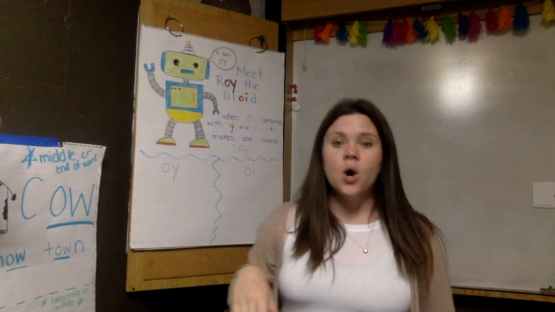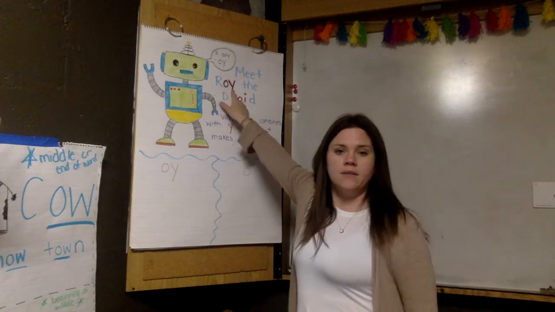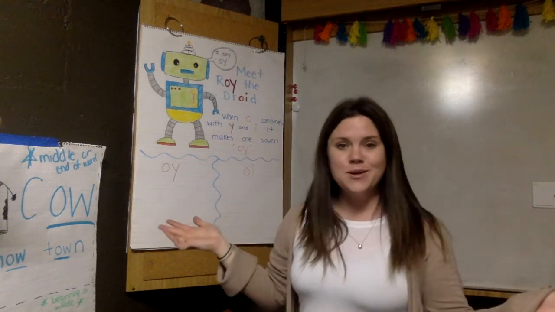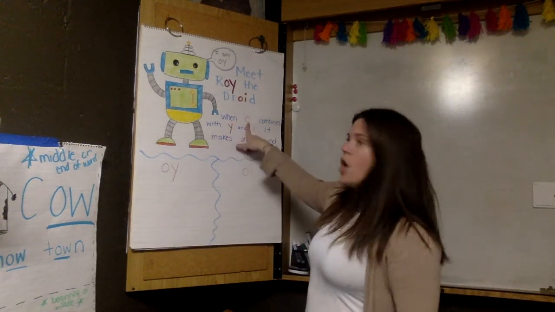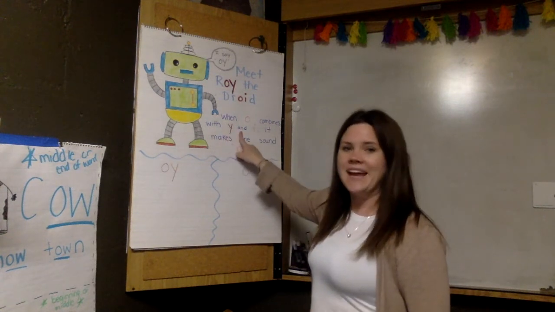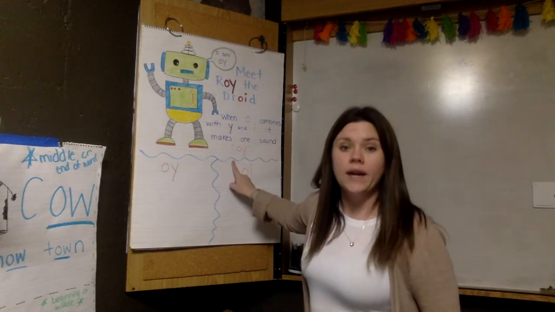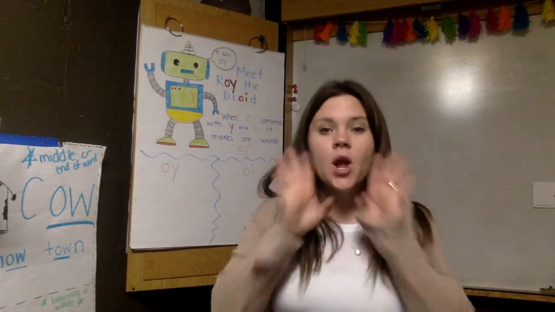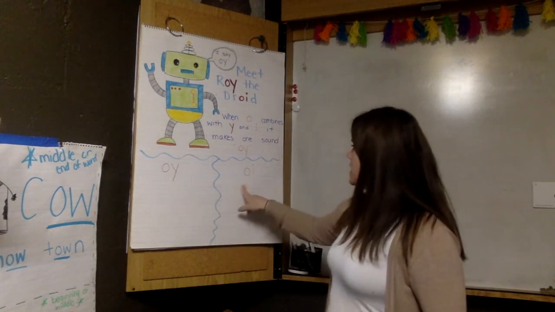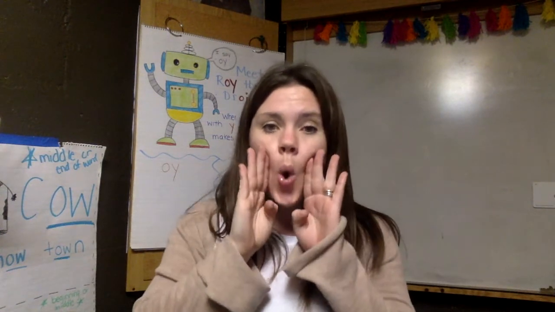They both make that sound, oi. But in Roy, it's O-Y, and in droid, it's O-I. When the letter O combines with Y or I, it makes one sound, oi. Say it with me, oi. So O-Y and O-I make one sound, oi.